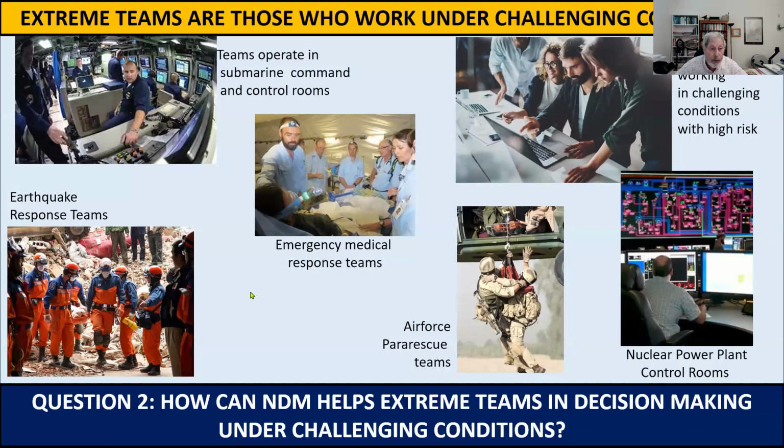So a key for extreme teams in emergencies is to be able to adapt to unexpected events. You can't train people for all kinds of emergencies, but you can train people to understand what their role is on the team and who knows what and who to defer to and who's going to defer to you. And you can build up that kind of team expertise.